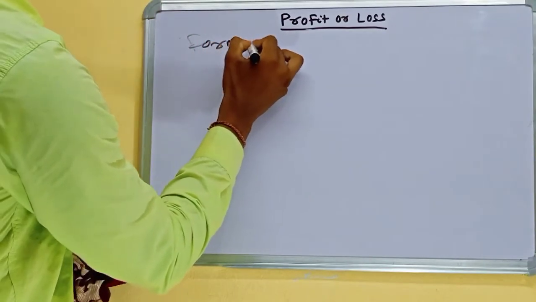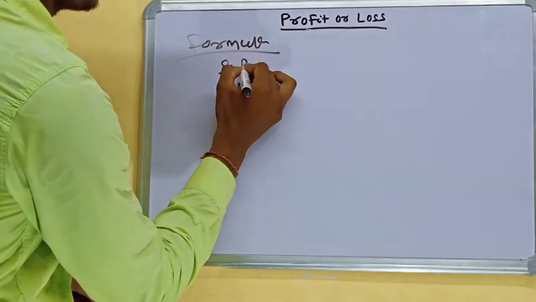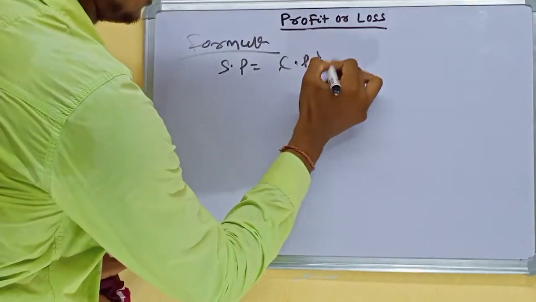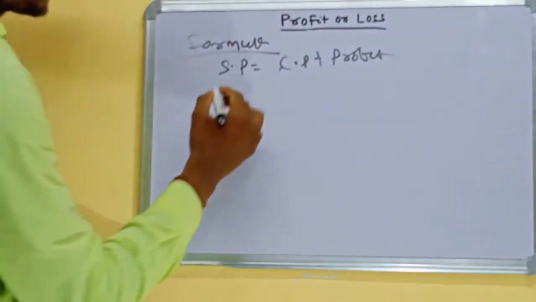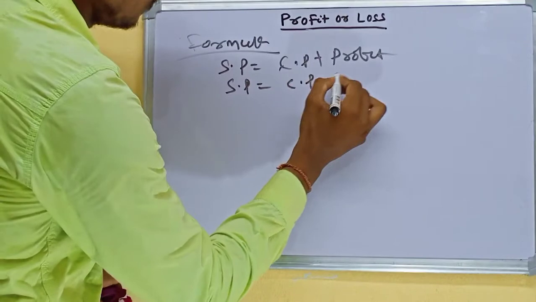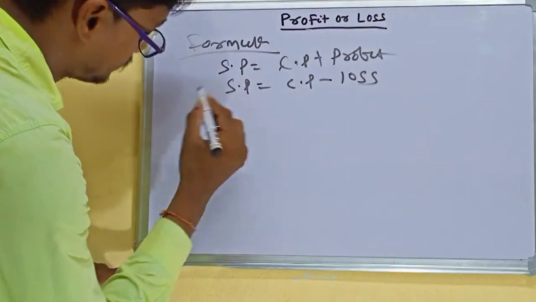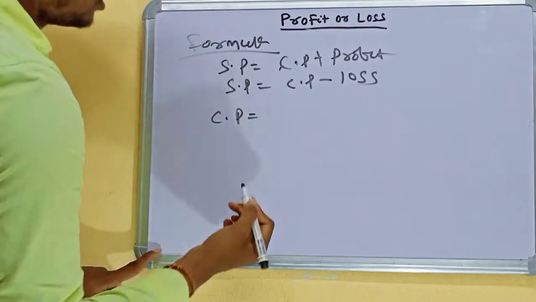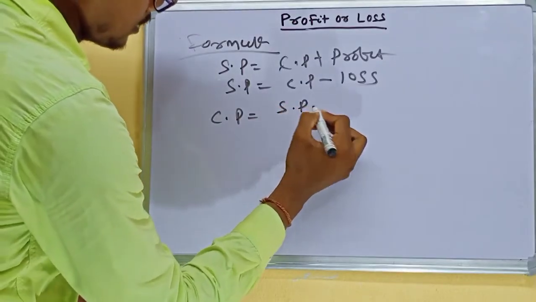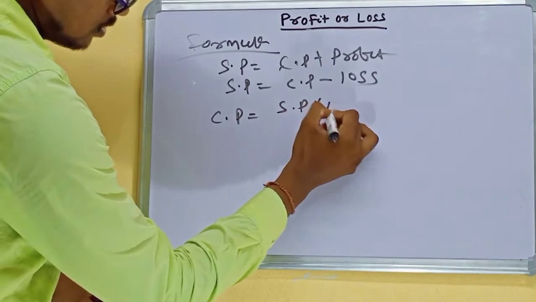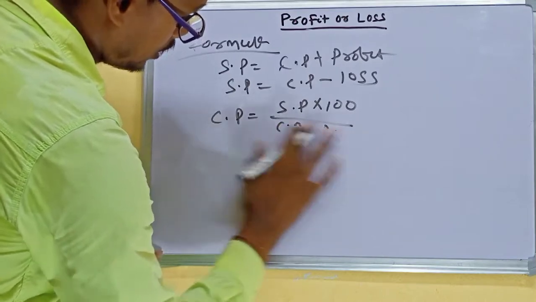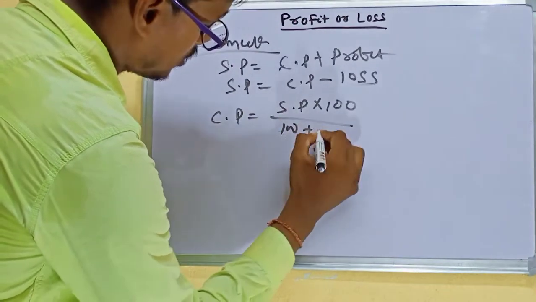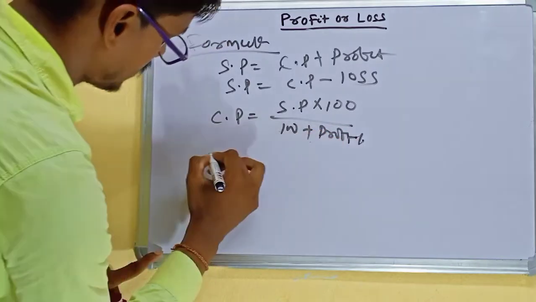Then today's formulas: first, SP is equal to CP plus profit. Then SP is equal to CP minus loss. And CP is equal to SP into 100 divided by 100 plus profit percentage, in case of a profit.